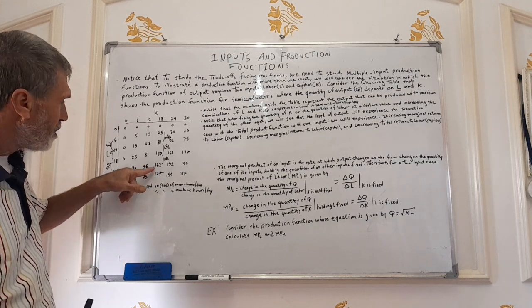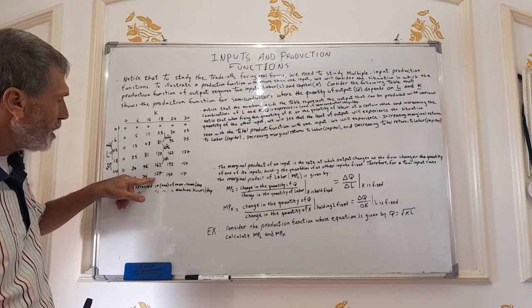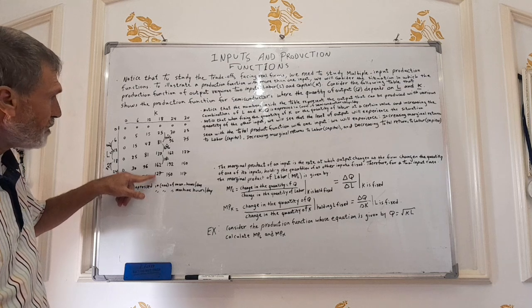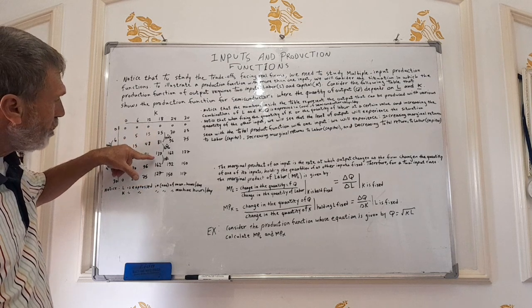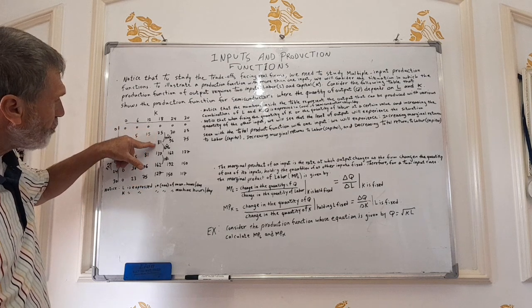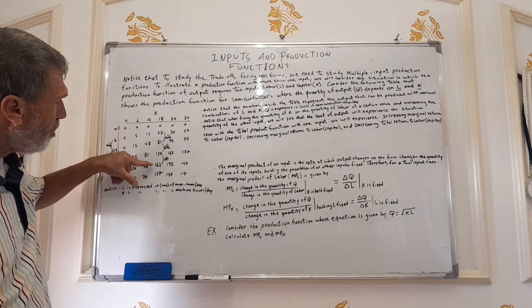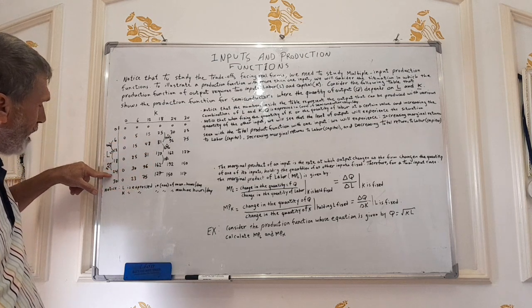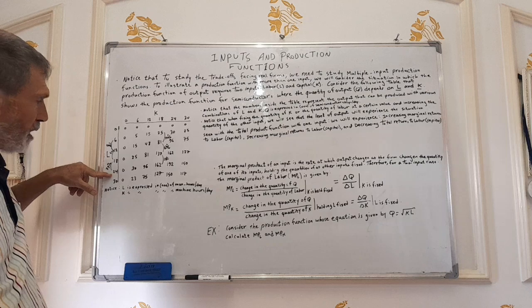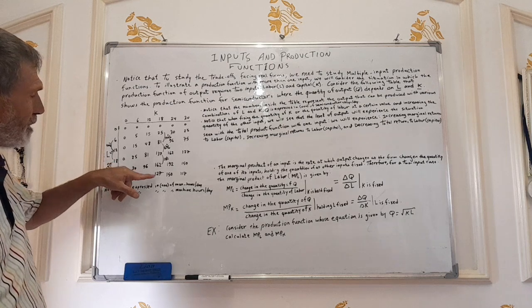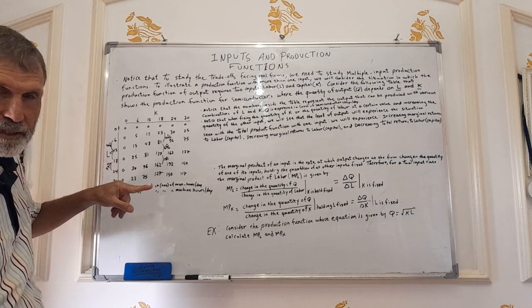We've got 162, now we have 127. From 0 all the way to 162, the amount of output increases. However, after L equal 24, the amount of output decreases.